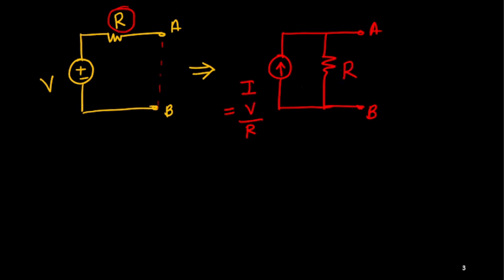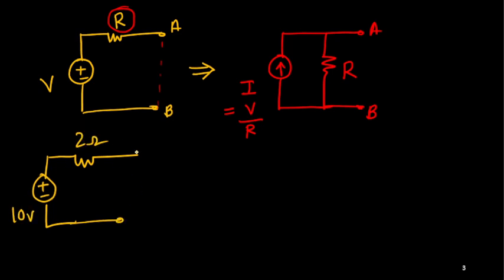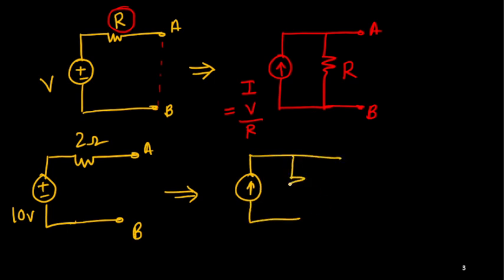Okay. For one example, I can easily give you one. If I have this 10 volt and 2 ohm, with nodes A and B, that we can easily convert to one current source and one parallel resistance. Be careful here.